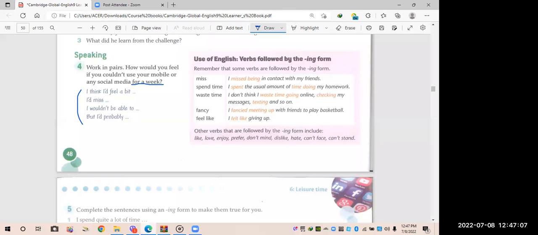I have many things to do without phones, like reading books or playing some instruments, but it is not the same feeling as using phone or social media. So I think I feel a bit like I'm losing something in my hand, because my phone is always sticking in my hand.